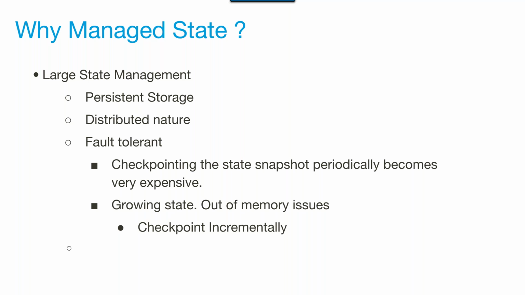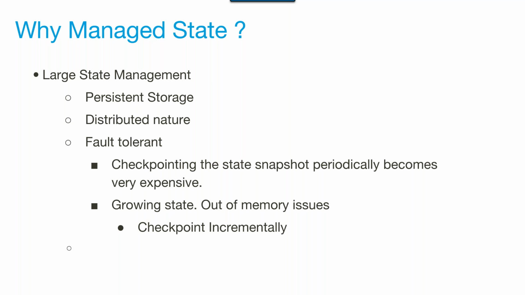Now, when it comes to fault tolerance, what happens is that once the state keeps increasing, the checkpointing of the state becomes very expensive. So this is a big bottleneck for the operator. And also, if the state keeps growing, at one point it runs out of memory.